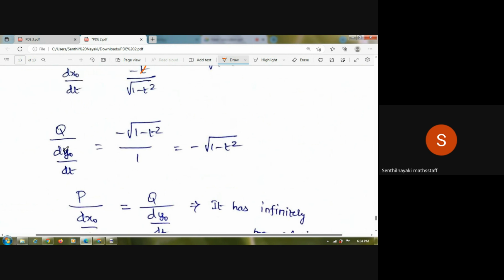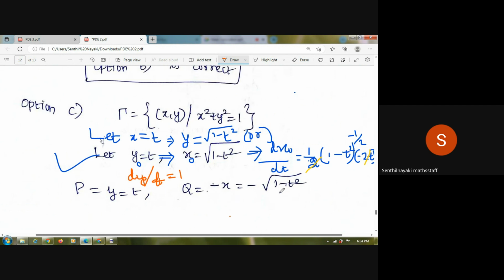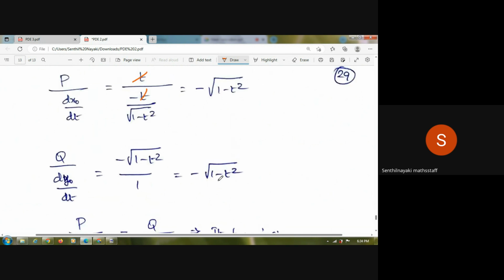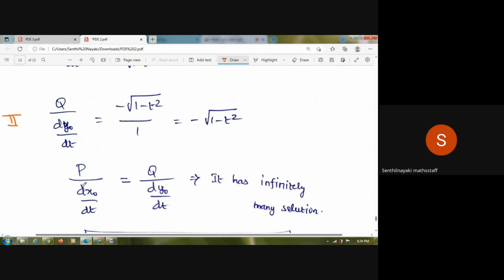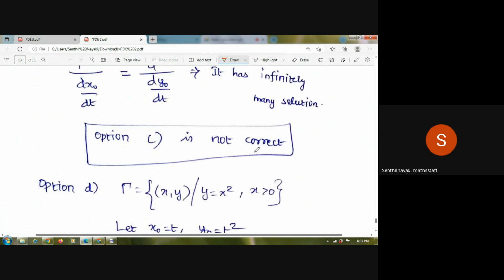So q by dy naught by dt: q value is minus square root of 1 minus t square, and dy naught by dt is 1, therefore minus square root of 1 minus t square. So the first ratio and the second ratio are equal. So first ratio and the second ratio equal means we have to find out the third ratio. If the third ratio is also equal, then we get an infinite number of solutions. So in this question, this problem has a unique solution, therefore option C is not correct.